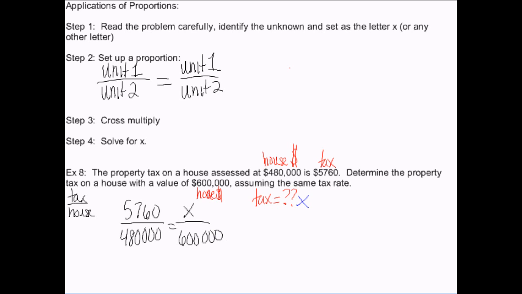Now, trick, if you have a fraction that has zeros at the ends of the numbers, you can cancel out corresponding zeros. So I'm going to be multiplying by 576 instead of 5,760. And I'm going to be multiplying by 48,000 instead of 480,000. Makes it a little easier, smaller numbers. You don't have to, it's the same value. I'm going to cross multiply.